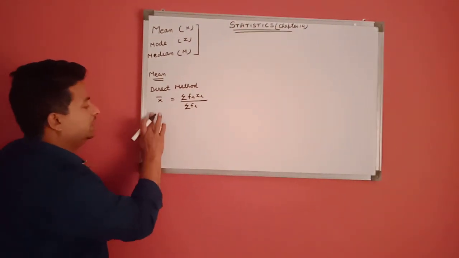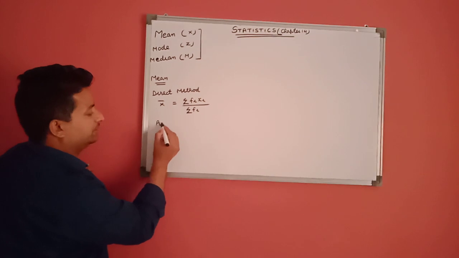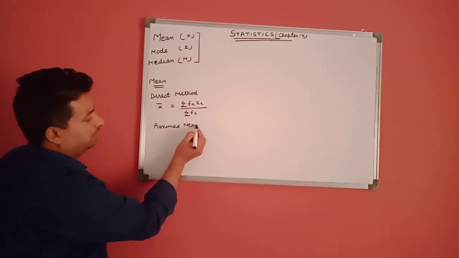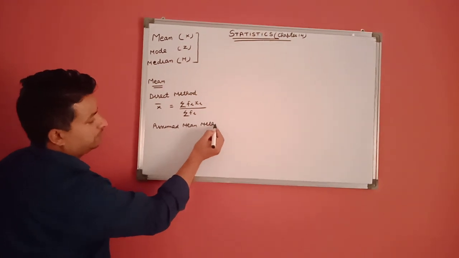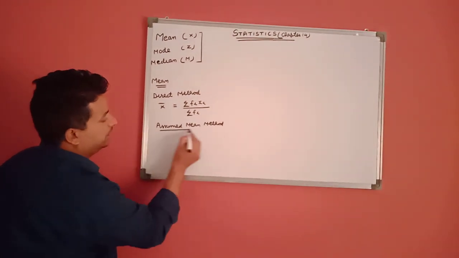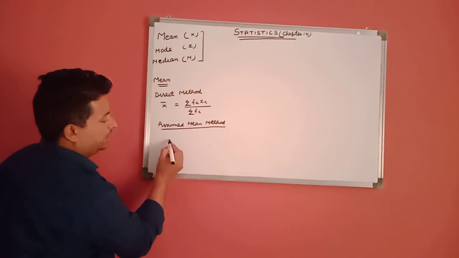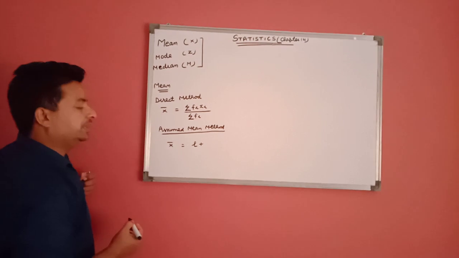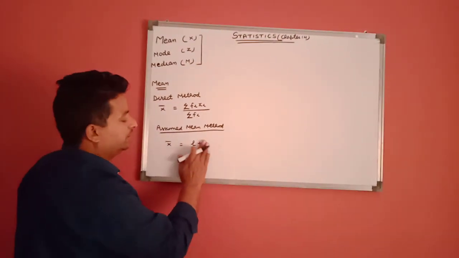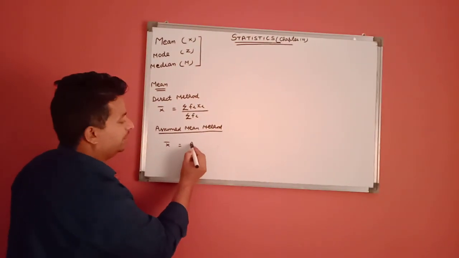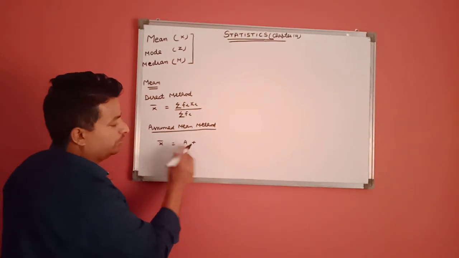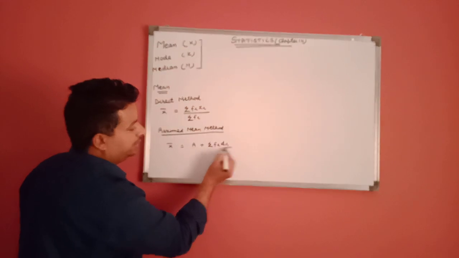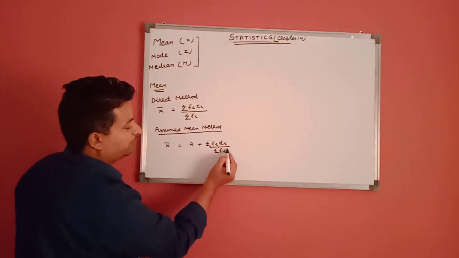Second is the assumed mean method. In this method x bar is equal to A plus summation fi di divided by summation fi.